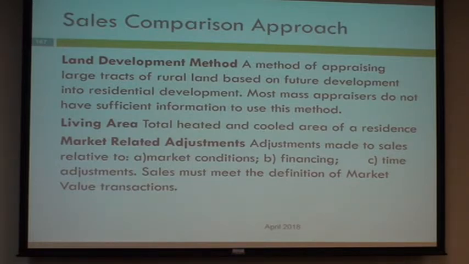They took the 210 offer and closed in 3 weeks. The other guy might have had trouble closing at 215. So there's so many market-related things that go into that: market conditions, financing, time adjustments. Sales must meet the definition of the market conditions.